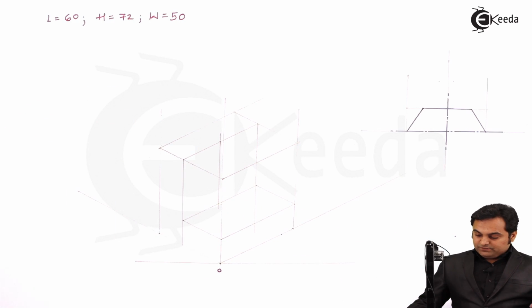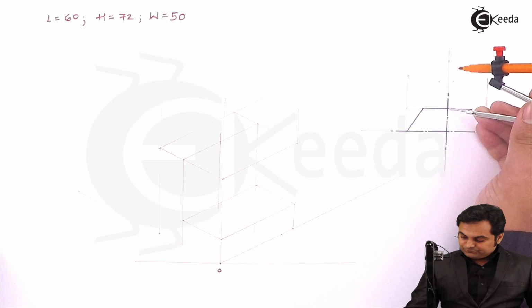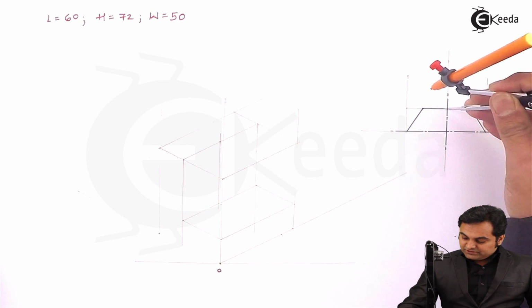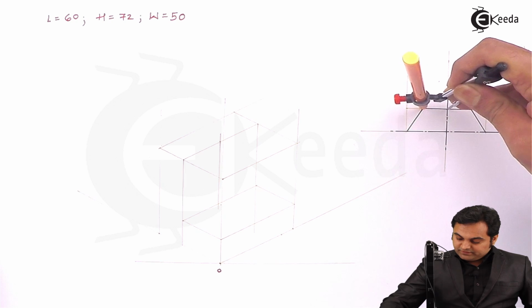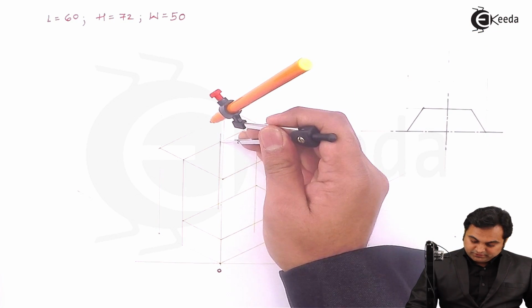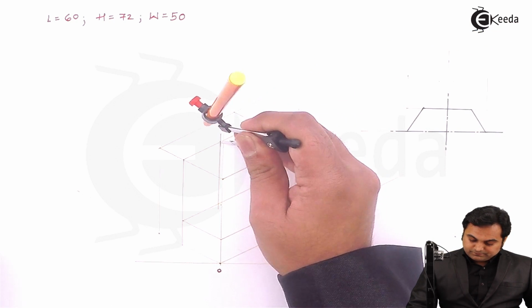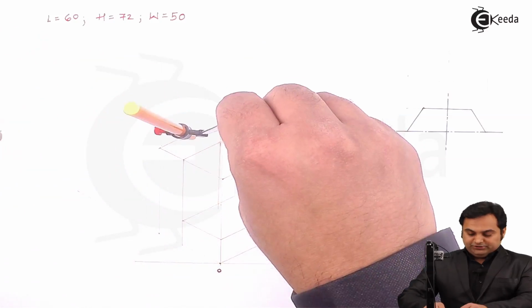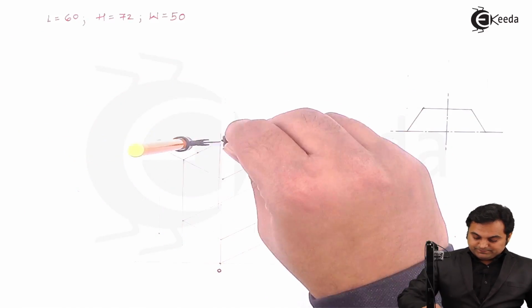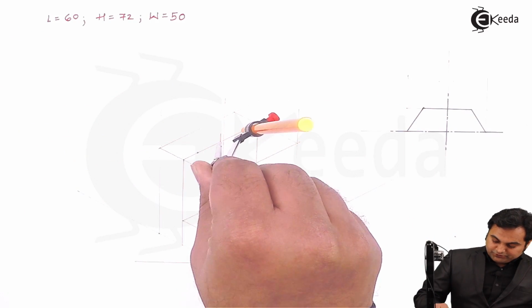Now in the compass I am going to measure the distance from the center up to one end. The same will be the distance on the other side. So I am taking this reference point and marking the points over here.